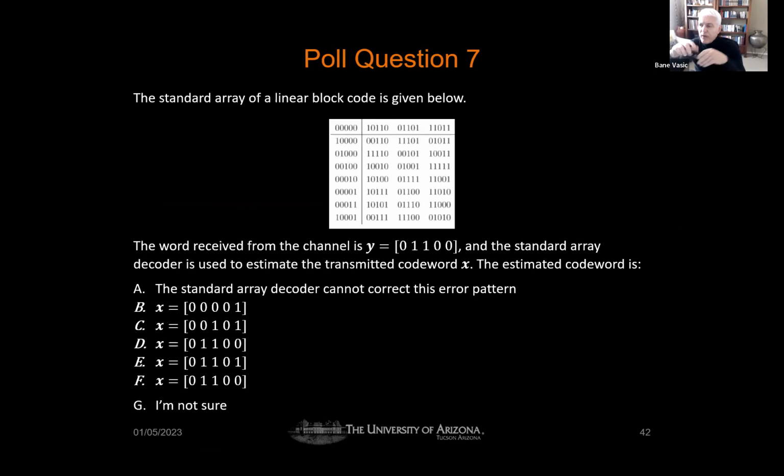So here is the poll question, and I understand that I went over this slide quickly. Here is the standard array of a linear block code, and it has these code words, and these are error vectors. The word that is transmitted is this, and the standard array decoder is used to estimate the transmitted code word. So what is the transmitted code word?